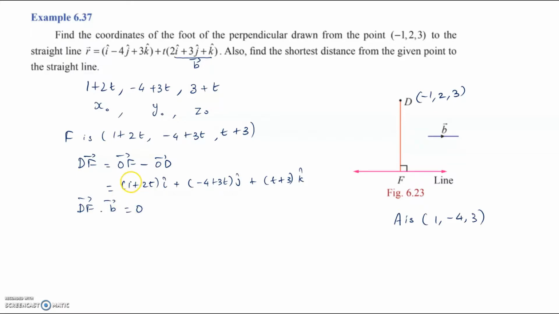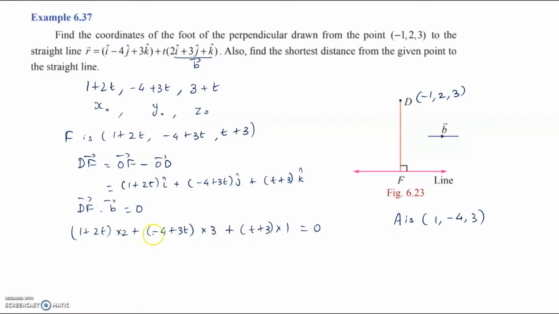So substituting the values here, we can say that 1 plus 2t times, for vector b it is 2, times 2 plus -4 plus 3t times 3 plus t plus 3 times 1 is equal to 0.